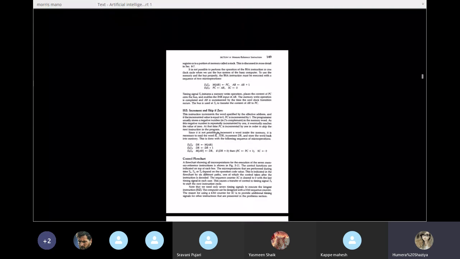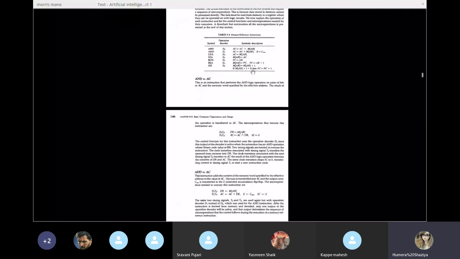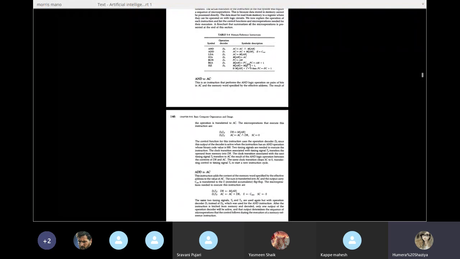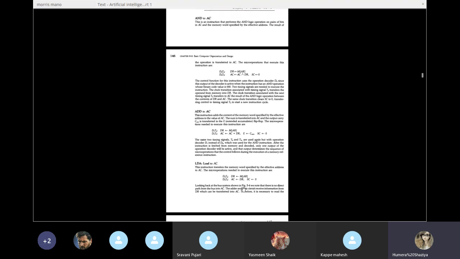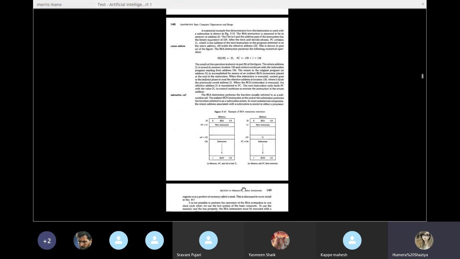If you learn this table, it is sufficient to do everything that follows it. All the subsequent concepts are related only to this table. If you understand this table, then you can do all this. If you have any doubts in that table, please let me know.